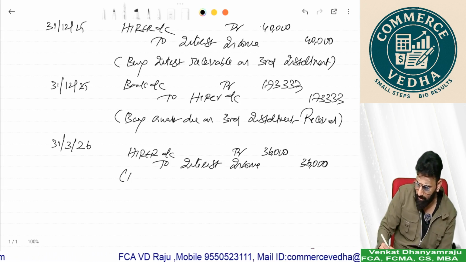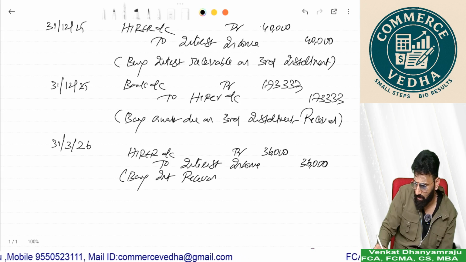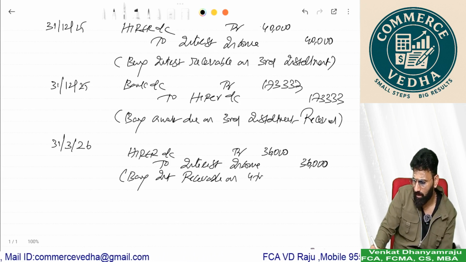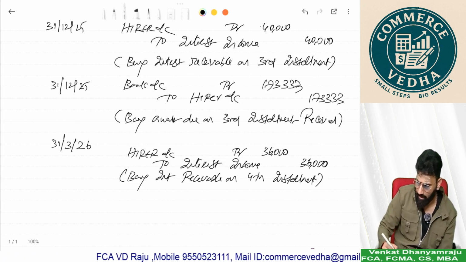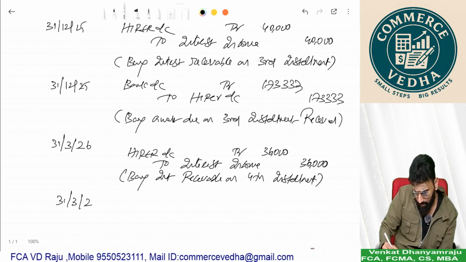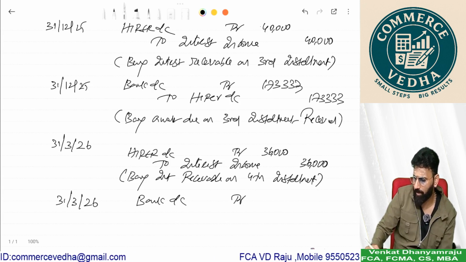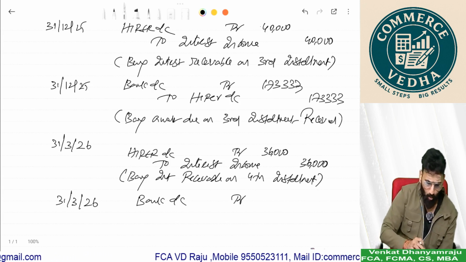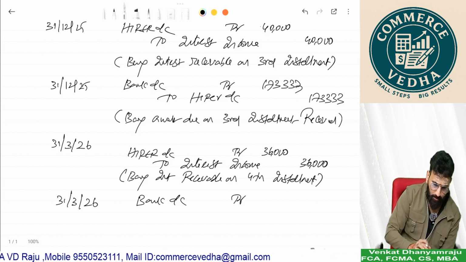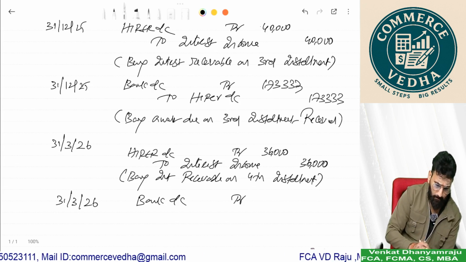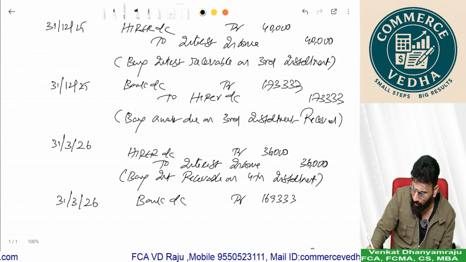You'll write being interest receivable on fourth installment, and on receipt you'll write bank account debit 133,333 plus 36,000, 169,333.